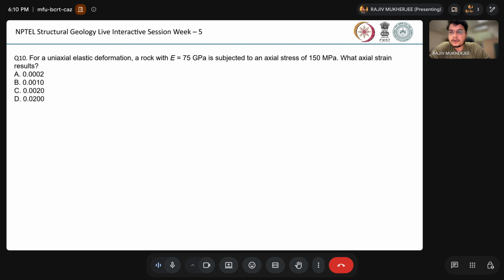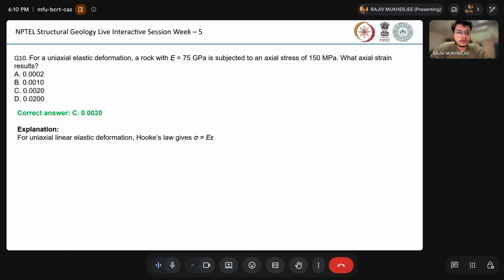Okay, so the correct answer is option C, 0.2%. And the explanation is that according to Hooke's law, the stress and the elastic strain are related with an elastic constant, which is the Young's modulus in this case.